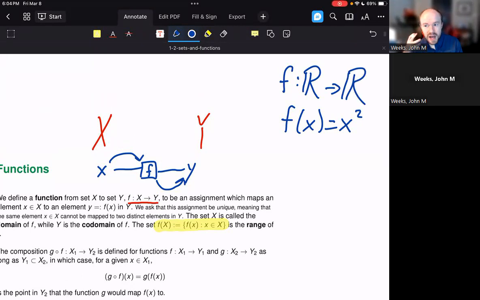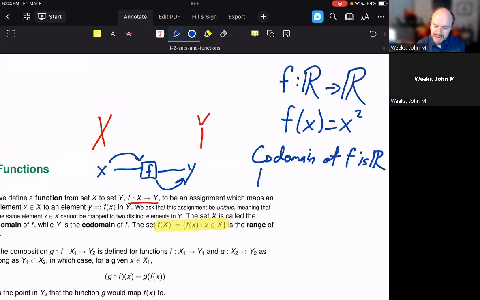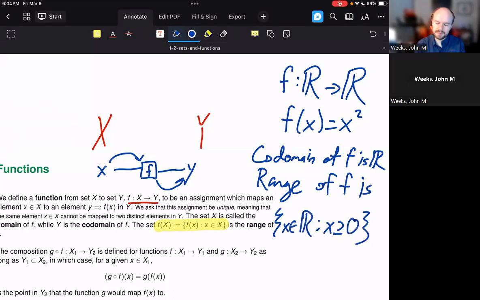However, this function does not have a range of the real numbers, because if I'm plugging in any element x in R, that's only going to give me a non-negative number once I plug it through this function. So while the codomain of this function is R, the range of this function is the set of all real numbers y such that y is greater than or equal to 0.